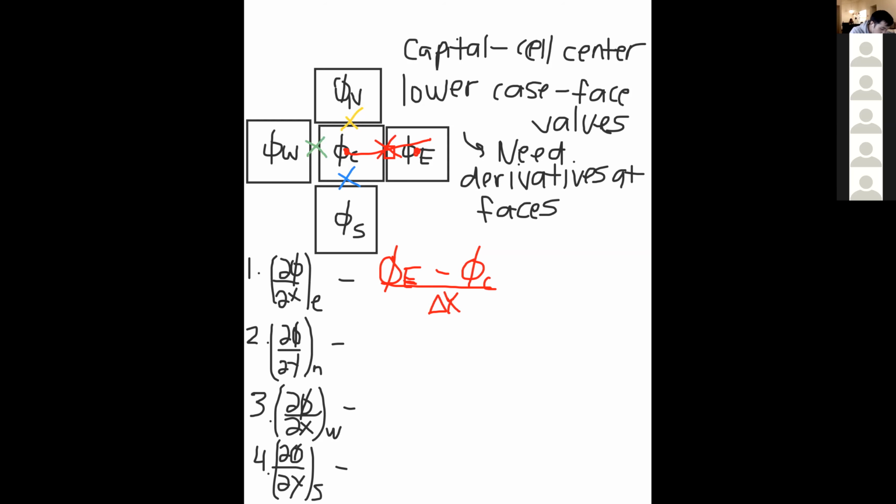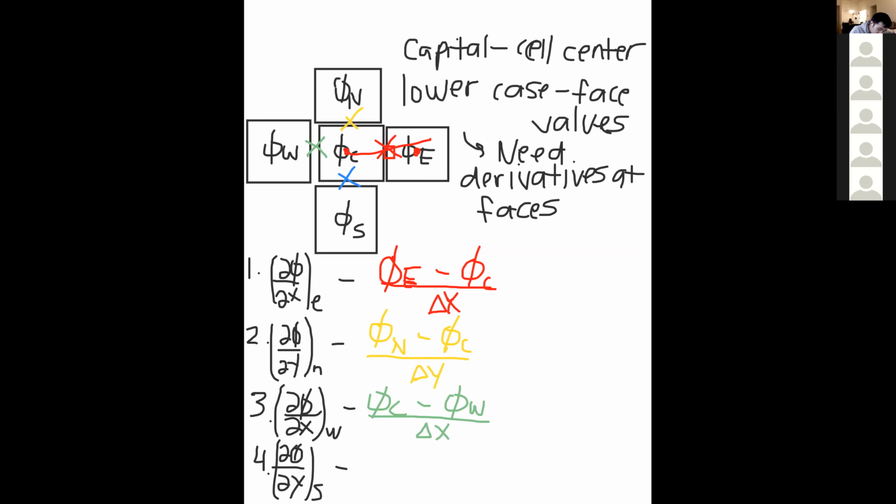Okay. So then continuing on with that same trend, d phi dy at the north face is going to be phi capital N minus phi capital C all divided by delta y. And then d phi dx at the west face is going to be phi capital C minus phi capital W all over delta x.